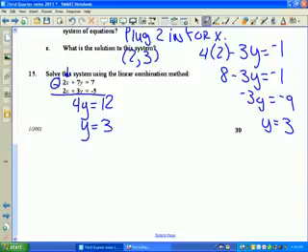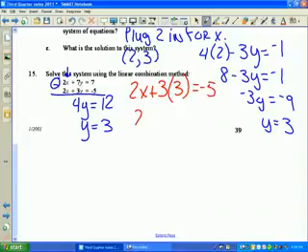Therefore, y equals 3. Then we're going to take that and plug it back in for one of our equations. I'll use the second one. 2x plus 3 times y, which I'm going to replace that y with a 3, equals negative 5.